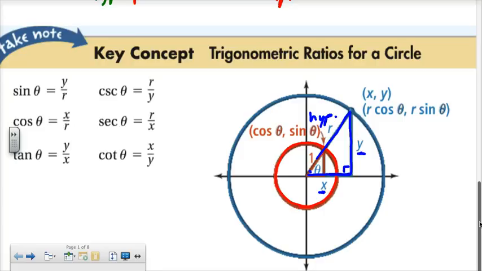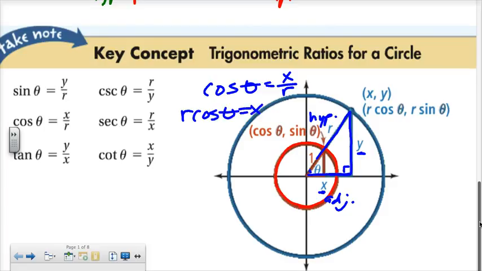So if we need x, x is going to be adjacent to our angle theta, because adjacent means right next to. So if we were going to set something up with that, we would have to use adjacent and hypotenuse, which of course is cosine. So the cosine of theta would equal adjacent x over hypotenuse r. And like we saw just a minute ago, if we multiply both sides by r, x is really going to be r times the cosine of theta.